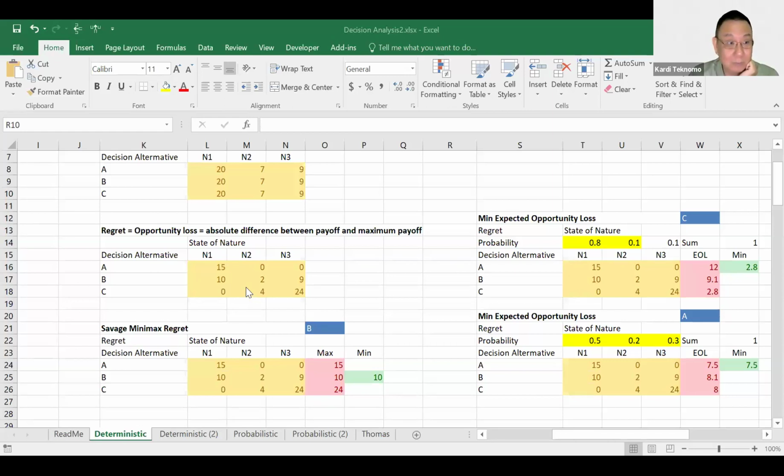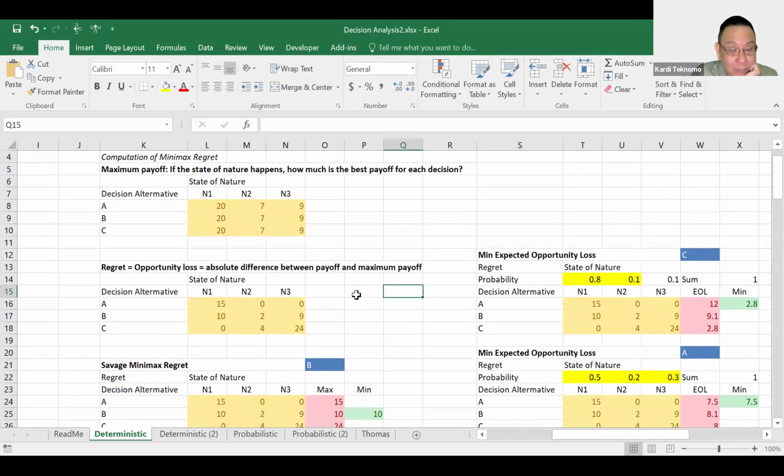So last time, this is what we had using minimax regret. Regret is opportunity loss, equal to the absolute difference between the payoff and the maximum payoff.